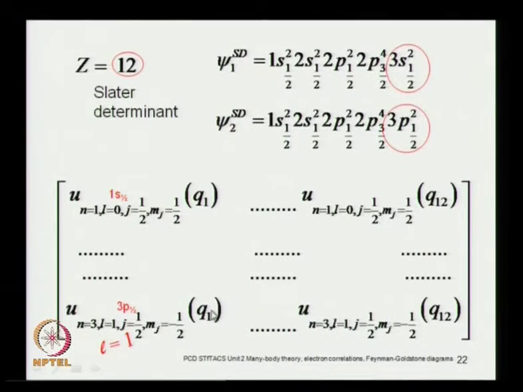What is the probability amplitude that a particular electron at coordinate qi is in the state alpha? Here, this is the probability amplitude that the electron at q1 is in this state. This is different from the probability amplitude that the electron at q1 is in the 3s state.